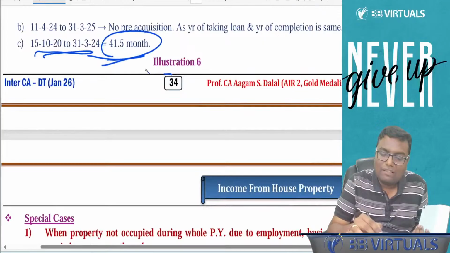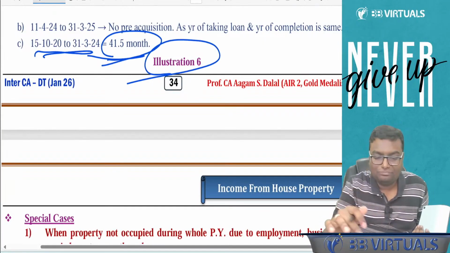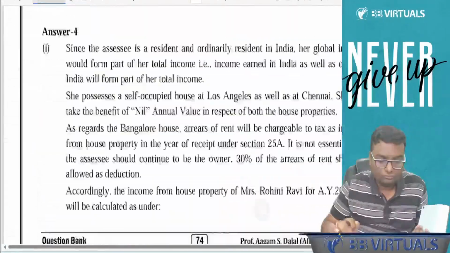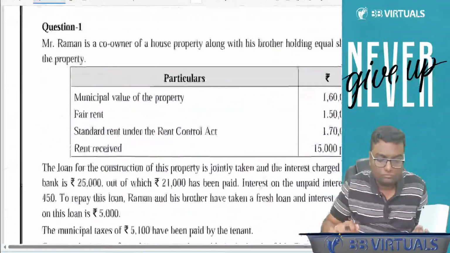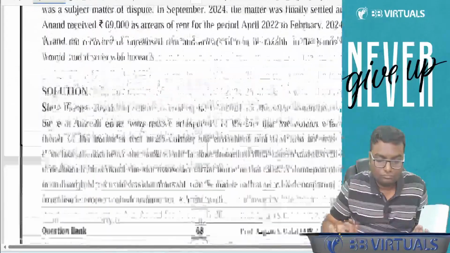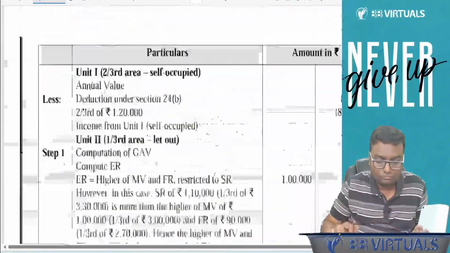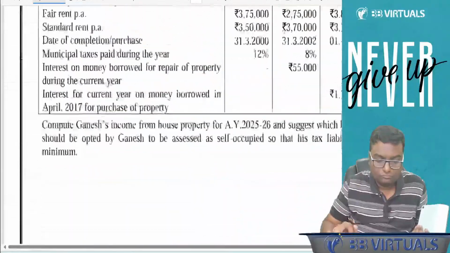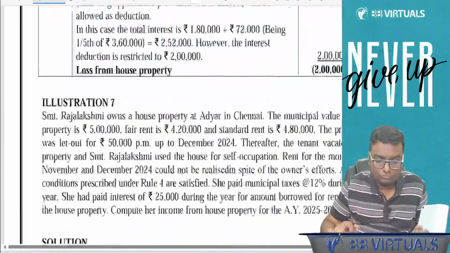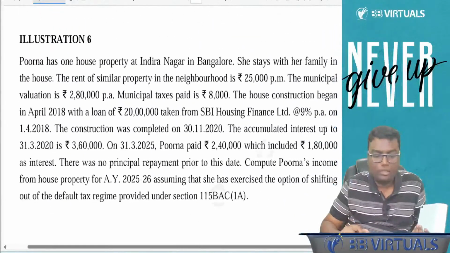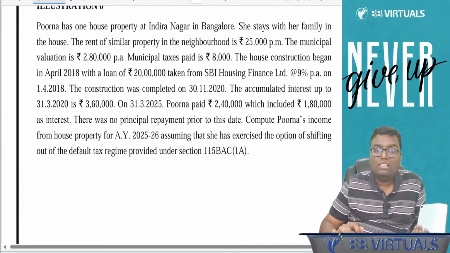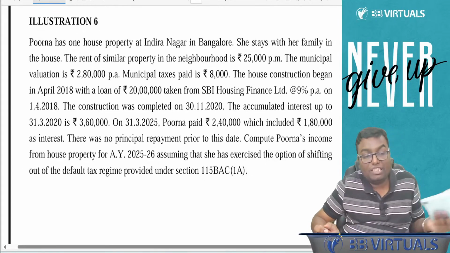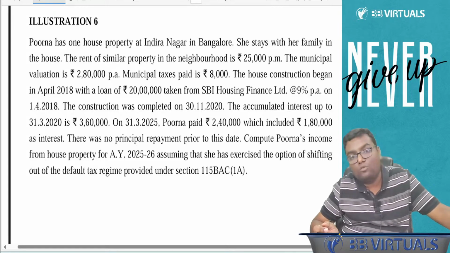Now let us, based on this, understand illustration number 6. Mona has one house property at Indira Nagar in Bangalore. She stays with her family in the house.